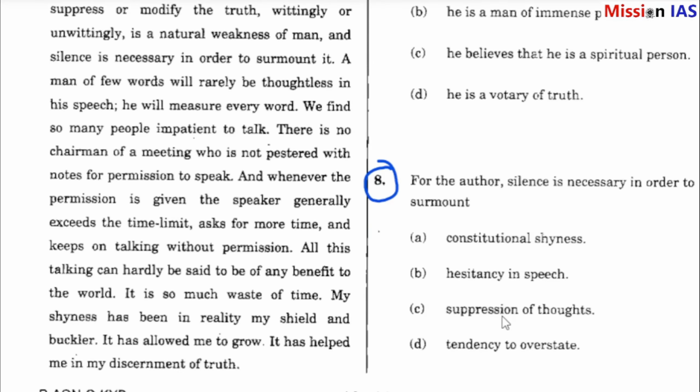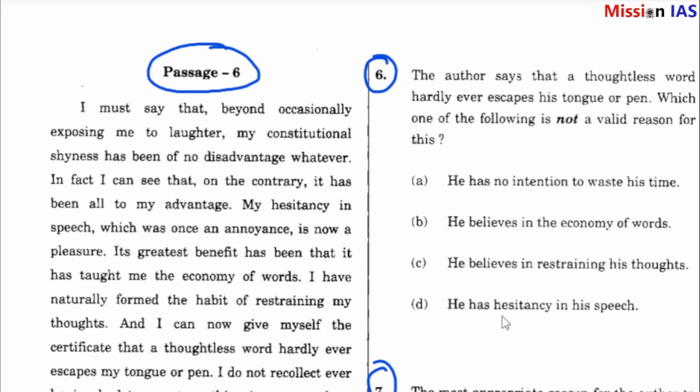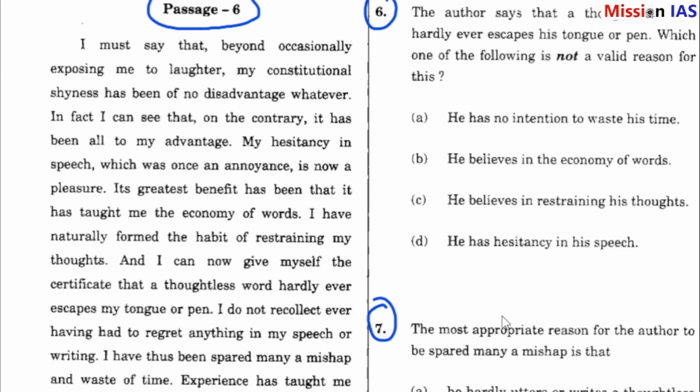These passages contain many questions, four questions. So we need to first carefully read our passage, then go for the questions. The first passage: Now, I must say that beyond occasionally exposing me to laughter, my constitutional shyness has been of no disadvantage whatever. In fact, I can see that, on the contrary, it has been all to my advantage.